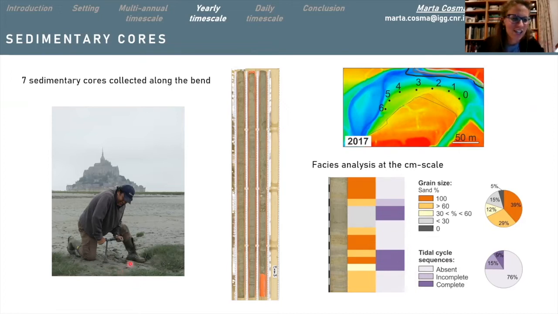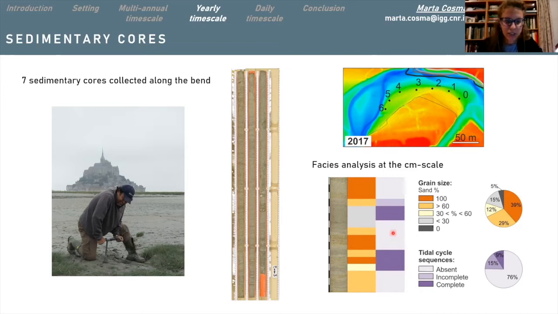We used an auger core that allows us to avoid compaction of sediments. The sediment was then cut longitudinally, photographed and logged, and we performed a quantitative facies analysis at the centimeter scale.